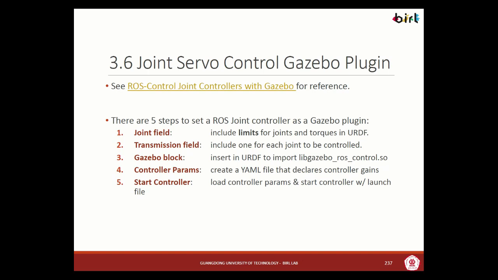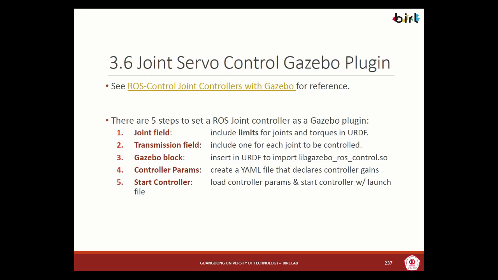Then, because the controller is a PID controller, there are some values that we need to set. What are those? The PID gains, and in case of the integral term, the I, we also have something called clamping values, the maximum and the minimum clamping values. So for each joint, we need to set these values. And for that, we need a YAML file, Y-A-M-L, YAML file.